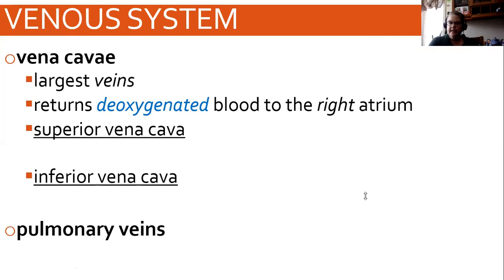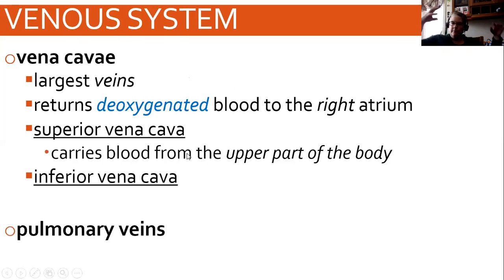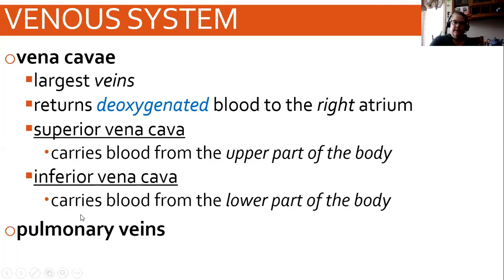So the superior vena cava is carrying deoxygenated blood from the upper part of the body. So this blood that has now collected, it's dropped off its oxygen, it's collected waste products like carbon dioxide, that's being collected by the superior vena cava to go back to the right atrium of the heart. The inferior vena cava is going to collect blood from the lower part of the body, right?